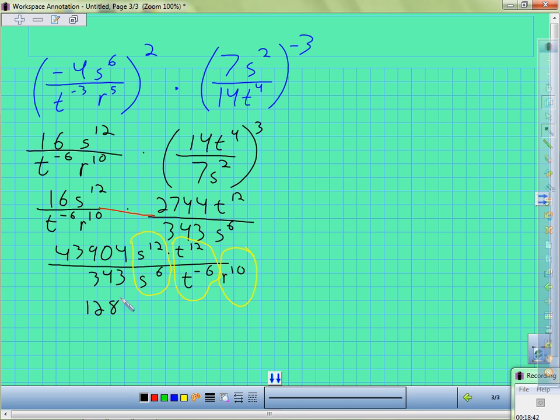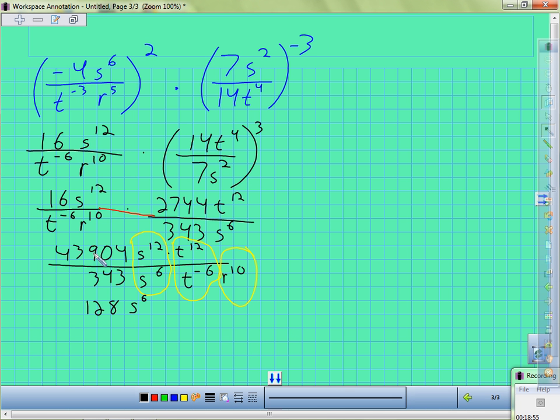S to the 12th over s to the 6th is what? S to the 6. Alright? T to the 12th over t to the negative 6 becomes t to the 18th.